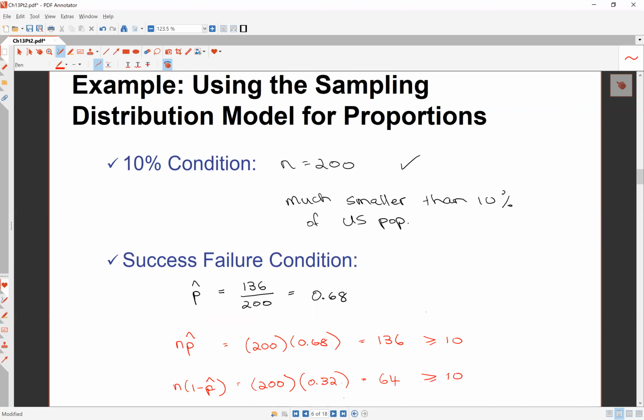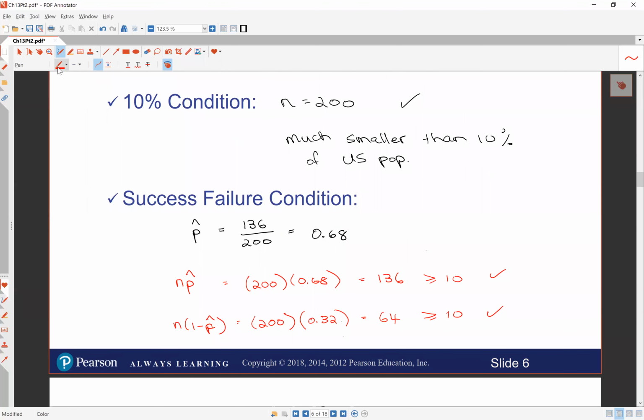Both of these values are larger than 10, and so our success-failure condition holds. So we checked the 3 verifiable conditions, and all of them hold, so we can reasonably assume that, yes, the normal model will hold.